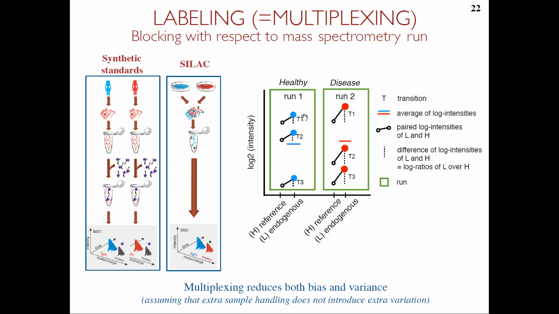One simple way to do this is to look at differences of endogenous versus standards for healthy, endogenous versus standards for disease, and then compare the differences in this group to the differences in this group. So now your input to this two-group situation will be deviations from the references, as opposed to the actual intensity. And you proceed exactly the same way.